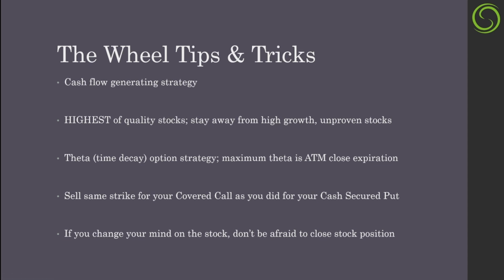Now, the kinds of stocks that we want to do this on are the highest quality stocks. There is very little concern of them ever going bankrupt, going out of business, having downturns of demand or anything like that. You're going to want to stay away from high growth stocks and unproven stocks, and I'll show you why a little bit later.